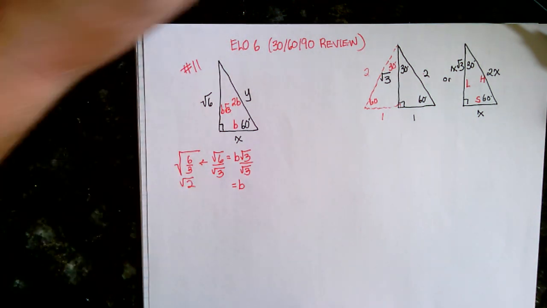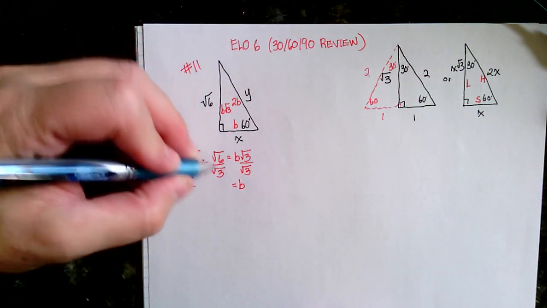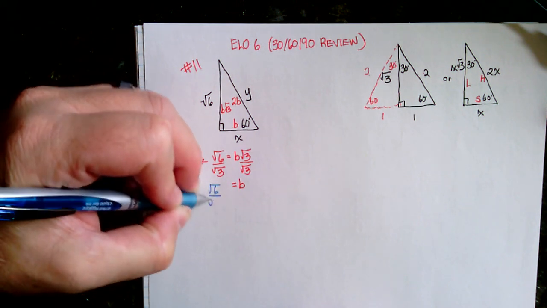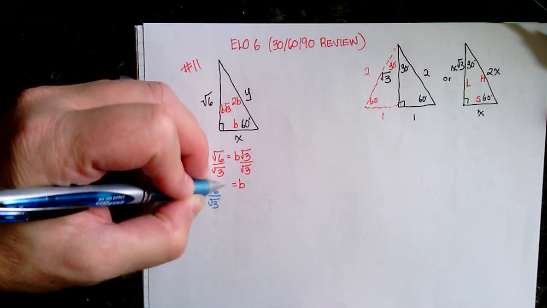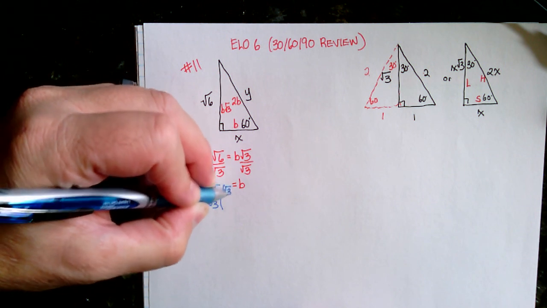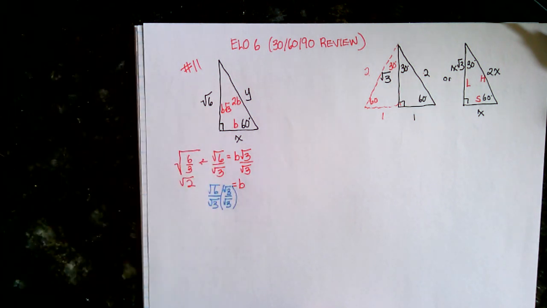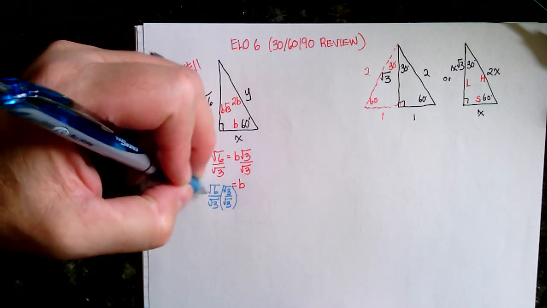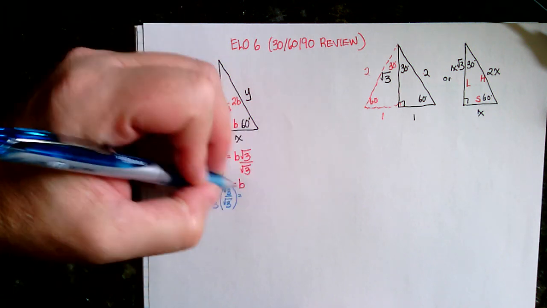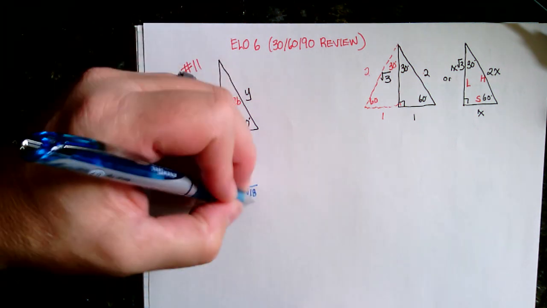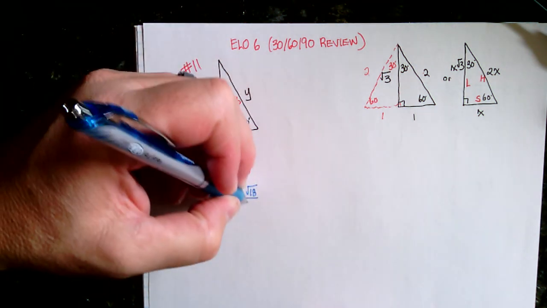I'm going to show you another way to do that also. If I take this like it was, and I'm uncertain, and I try to rationalize it because that's the rule, you can't have a radical in the denominator, and I multiply straight across, I get root 18 over root 9.